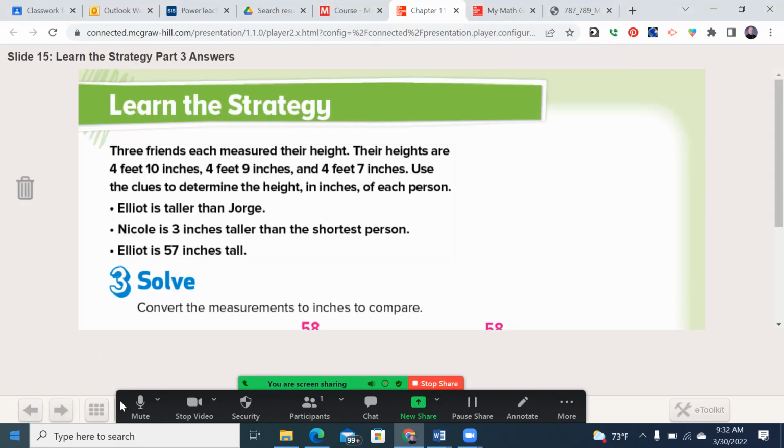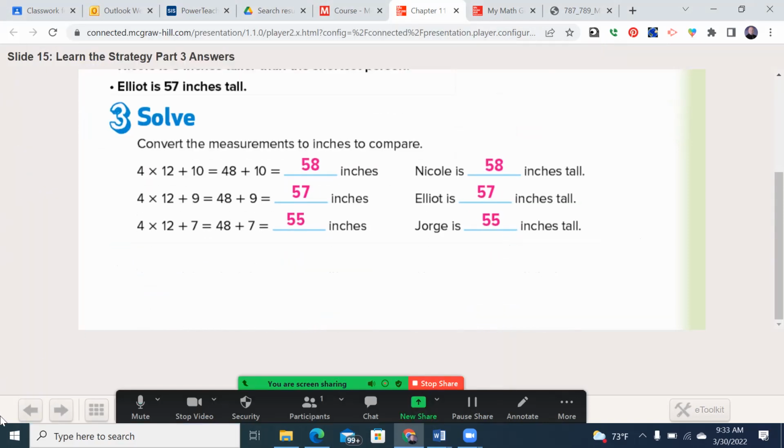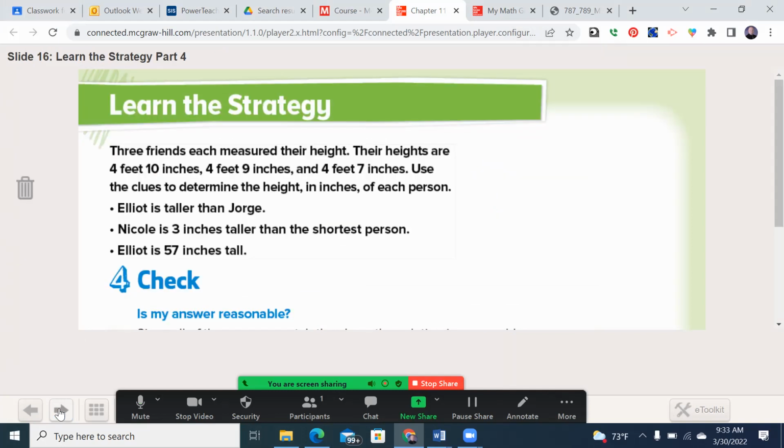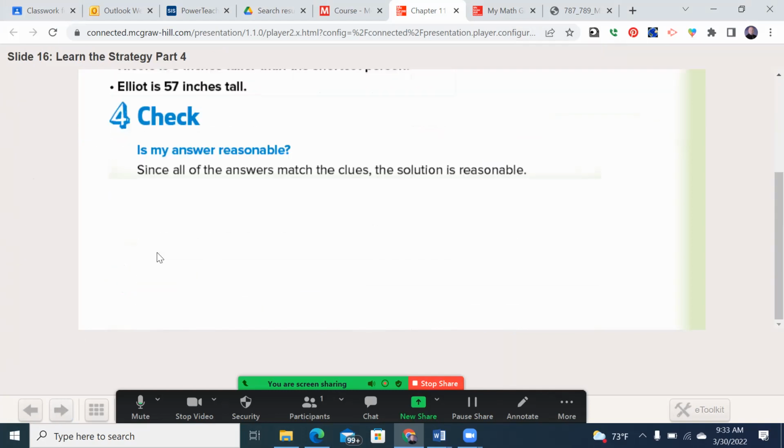All right, so you see the answers that were presented here. And I could check if my answer is reasonable. Since all the answers match the clues, it is reasonable.